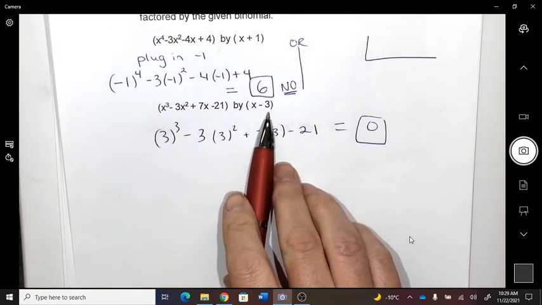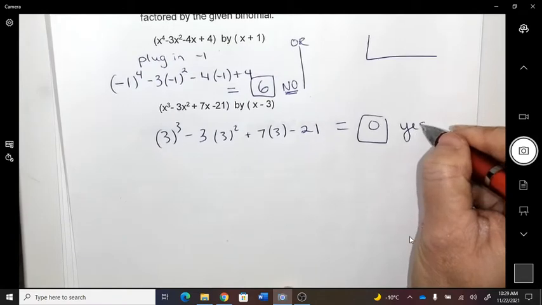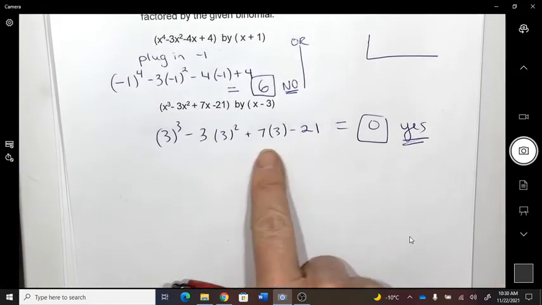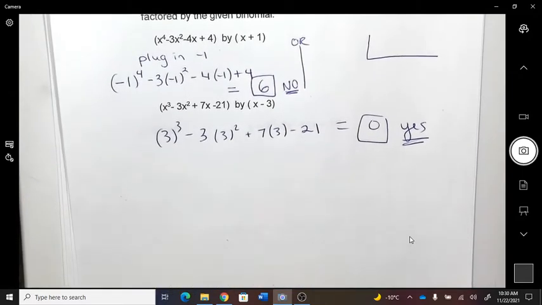So is x minus 3 a factor? The answer would be yes. It is a factor because 3 is an x-intercept.